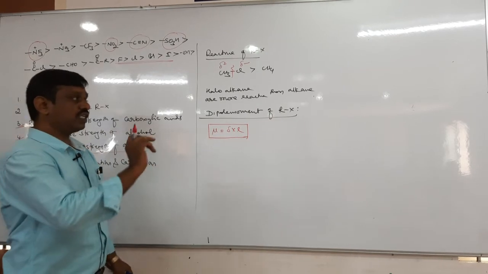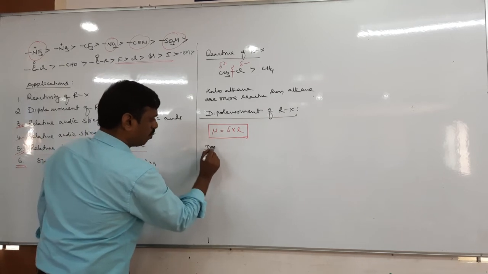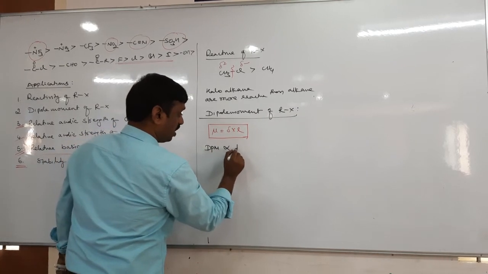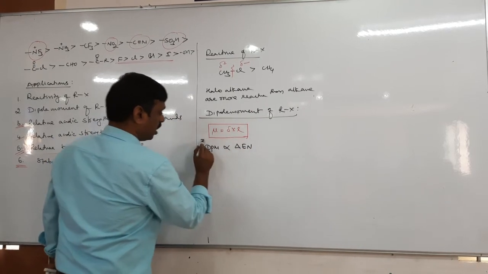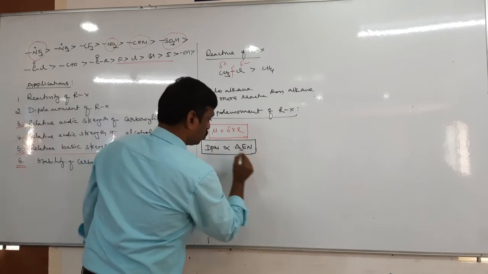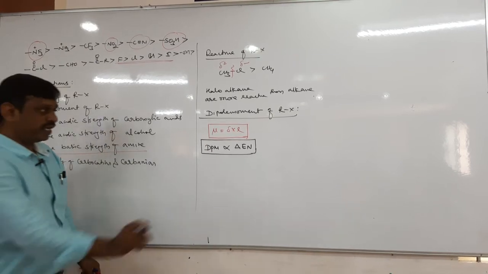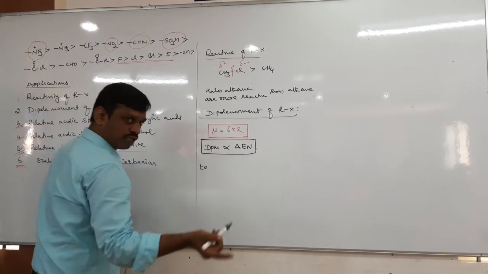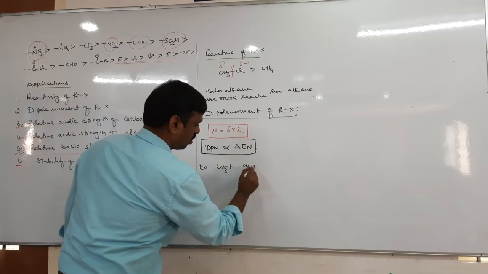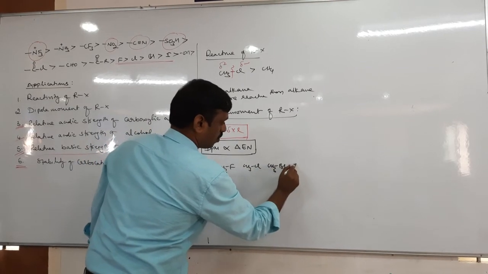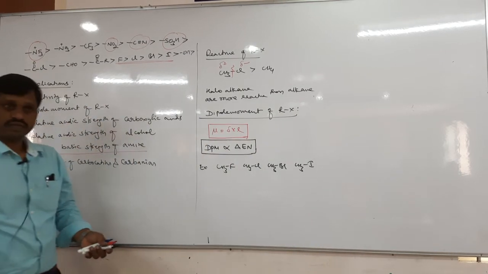Now let us see the dipole moment of alkyl halide or haloalkane. Remember, dipole moment is directly proportional to the difference in electronegativity, delta EN. Suppose there is methyl fluoride, methyl chloride, methyl bromide, methyl iodide. Where is the dipole moment more?